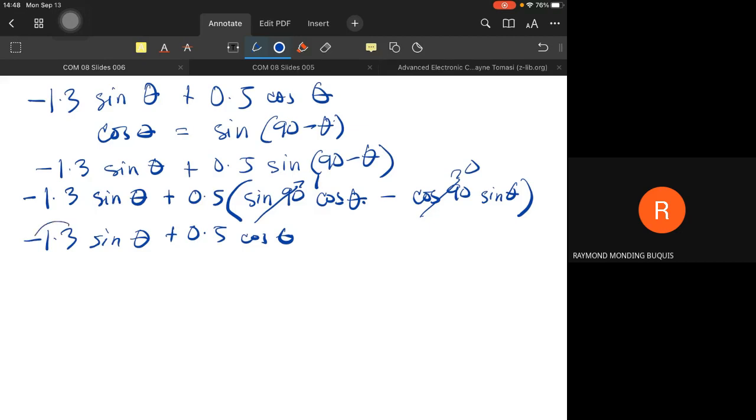Kani mo do, kani mo nga mga amplitude sad. Na ba identity nga pwede ni mawala or mapasulod baka ha?